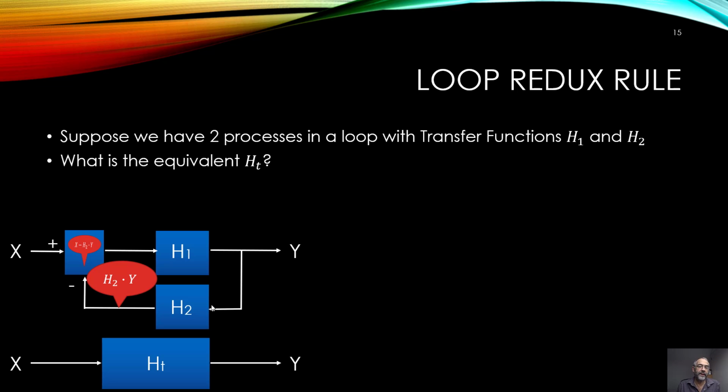So that is the value going into this subtractor, and also X. What this subtractor does is subtract H2Y from X. The output of this subtractor is X minus H2Y.